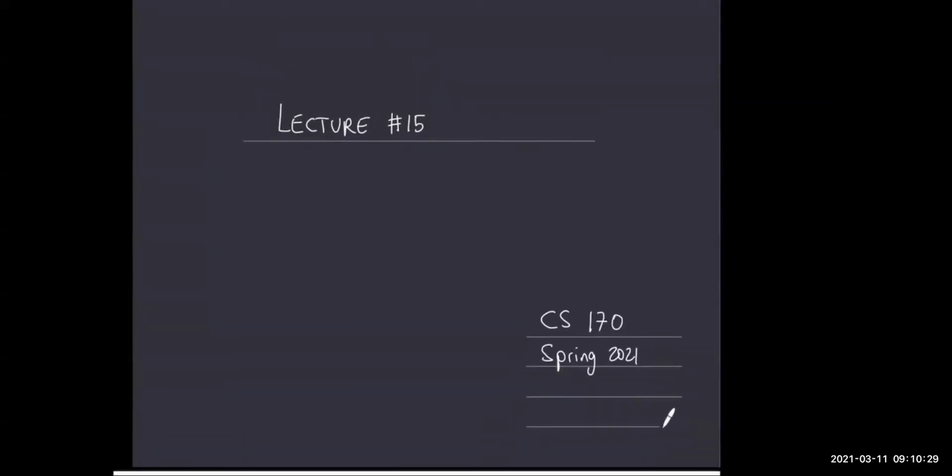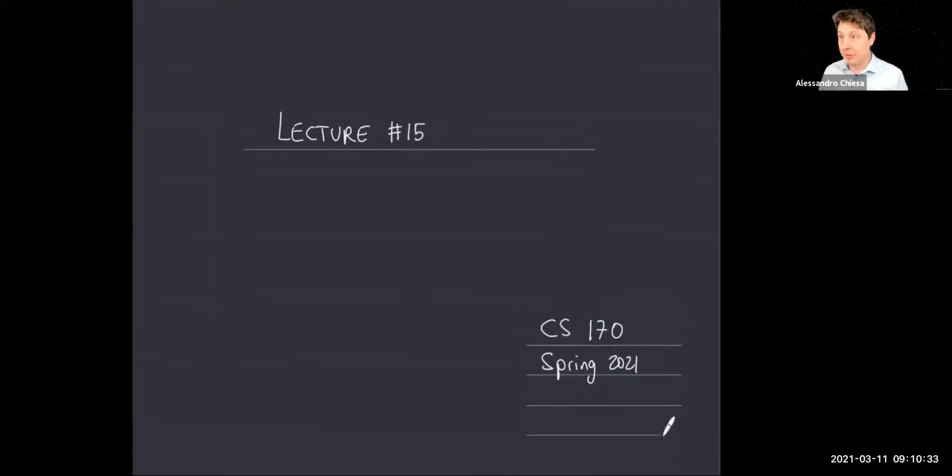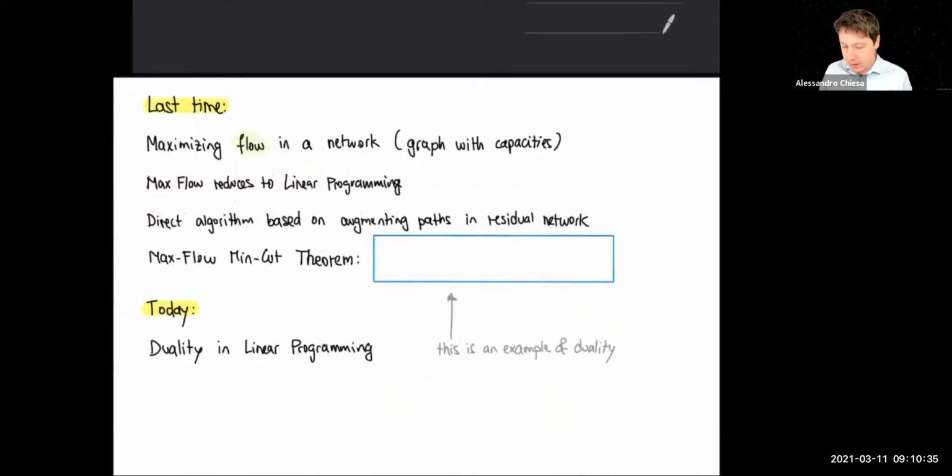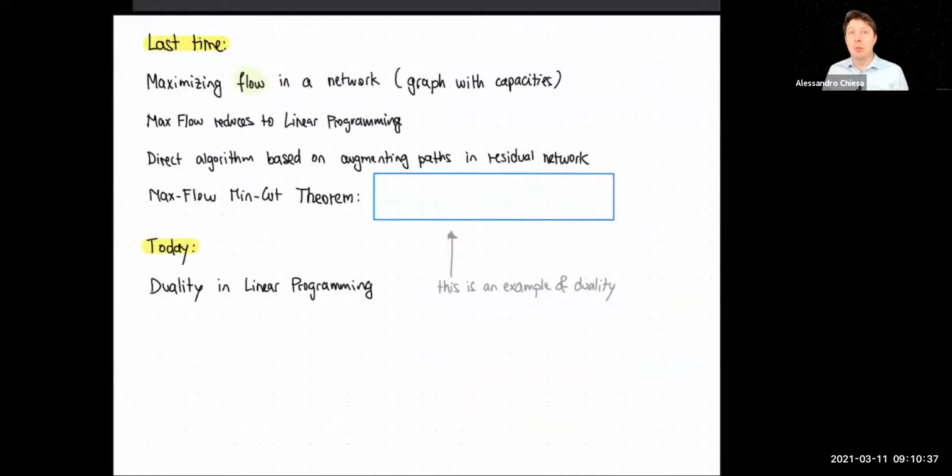Okay. Good morning, everyone. Welcome to lecture 15. Last time we started talking about flow problems. We introduced the notion of a network, which is a graph with capacities labeled on the edges and also a distinguished source and a distinguished sink.